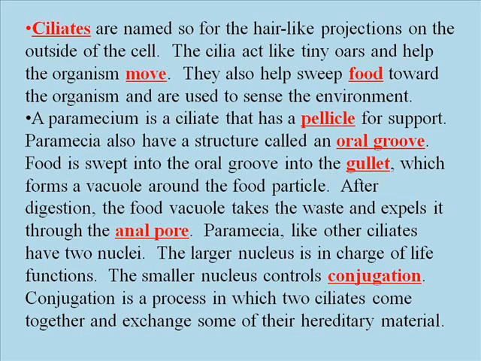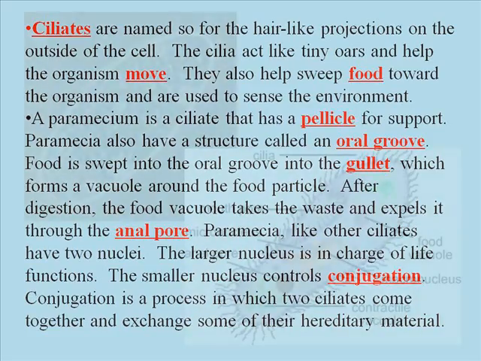And we talked about conjugation with bacteria. This is when two paramecium will line up side by side, form a little tube, and they will swap out some of their genetic material. They will do this again when the environment is not very favorable, and they can swap it out to change their genetic code to maybe help them survive a little bit better.